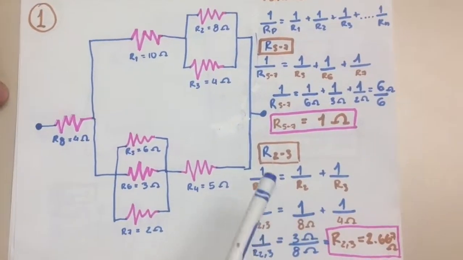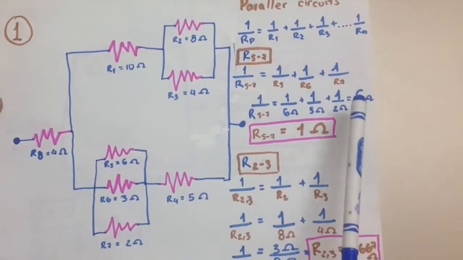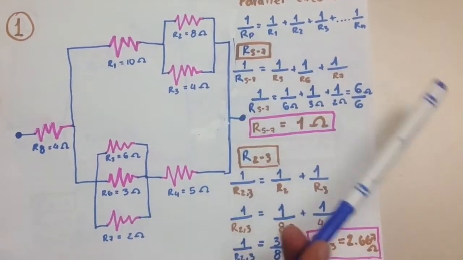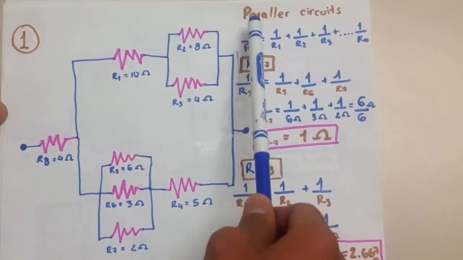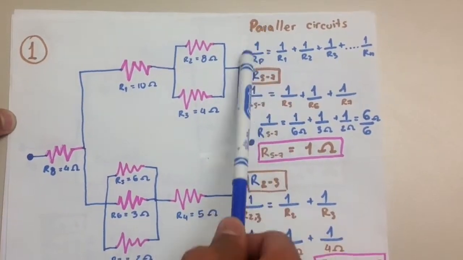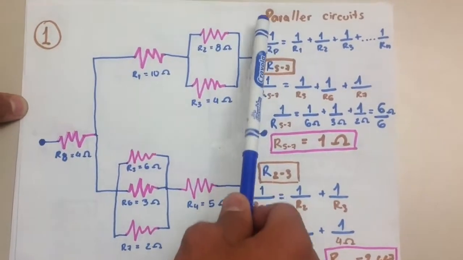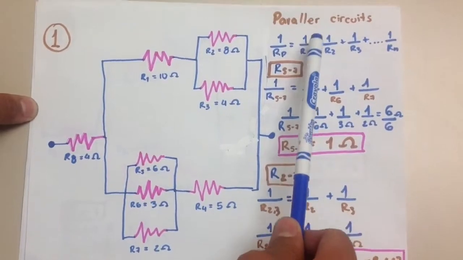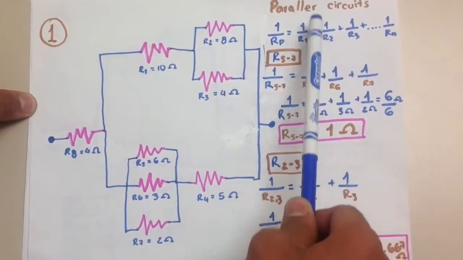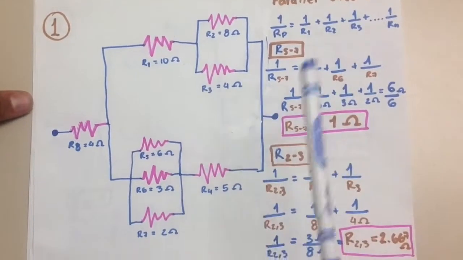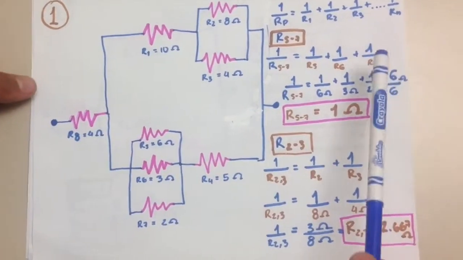To solve the parallel resistances, we need to apply Ohm's rule for parallel circuits. The total resistance is 1 over the resistance 1 plus 1 over the resistance 2 plus 1 over the resistance 3, and so on.